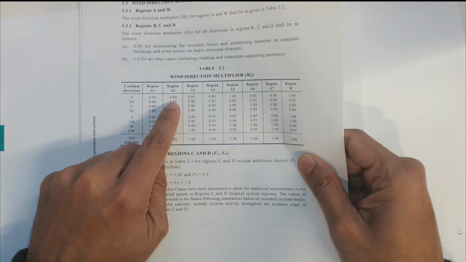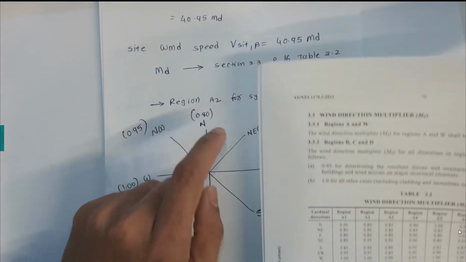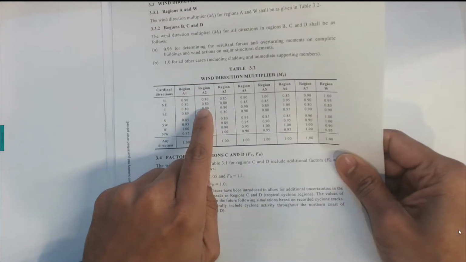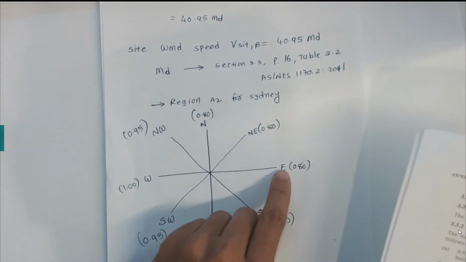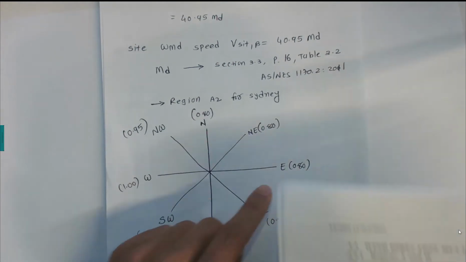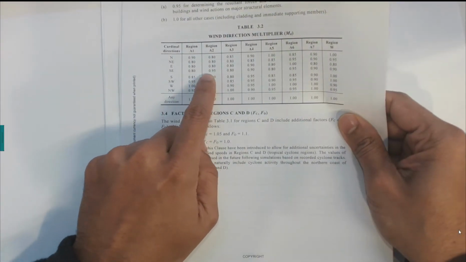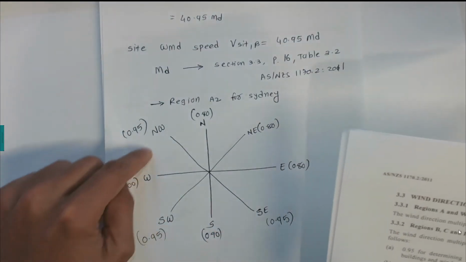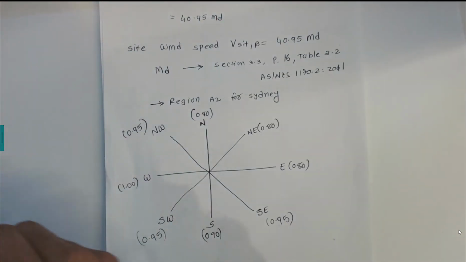So we can just copy those values here. For example, north I put 0.8 as MD, northeast 0.8, east 0.8, southeast 0.95, and so on. That is what I copied from this table.